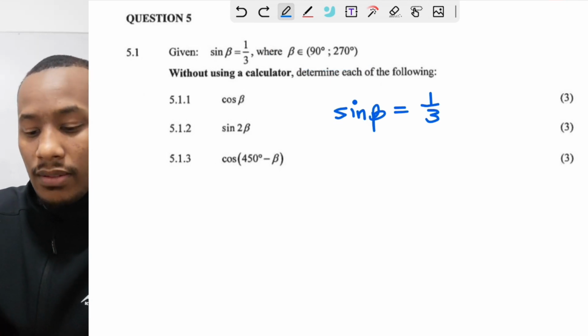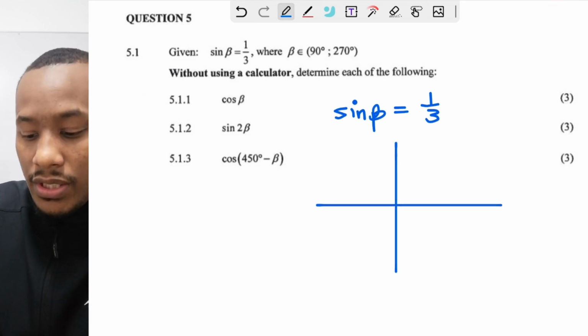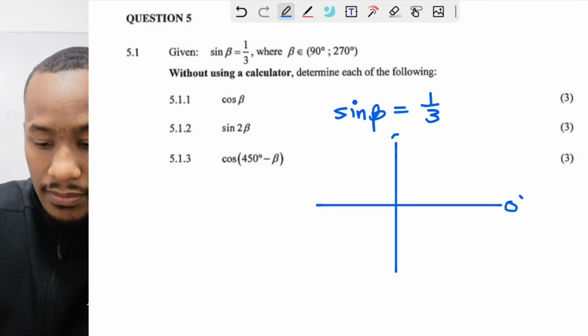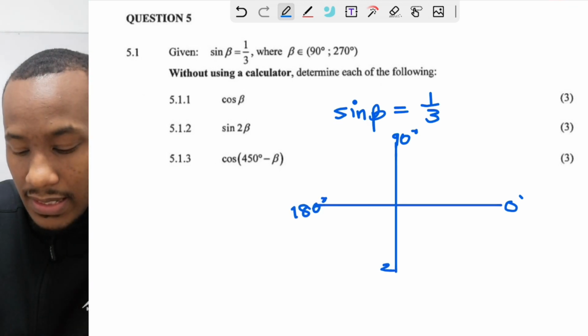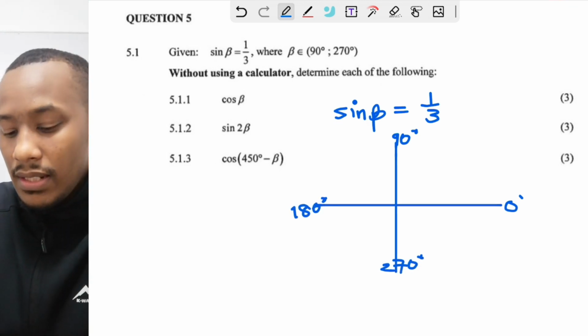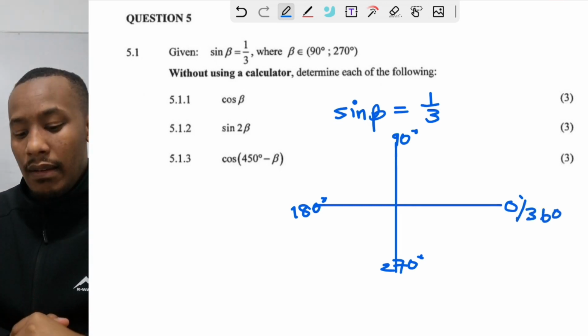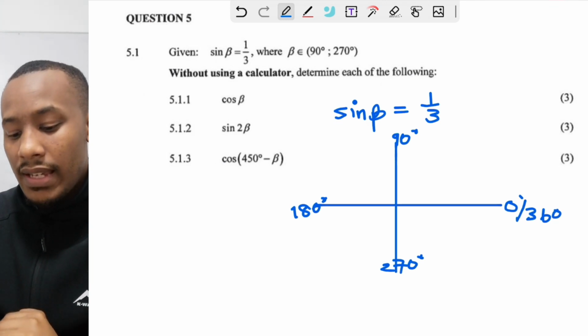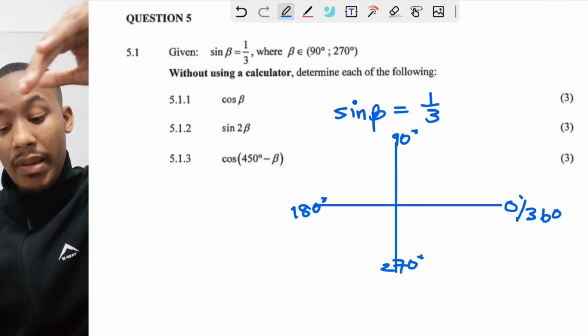Now, such an angle has to lie either in the second quadrant or the third quadrant. As you can see here, greater than 90 degrees would be the second quadrant and onwards, excluding the first one, and 270 would be from the third quadrant backwards.